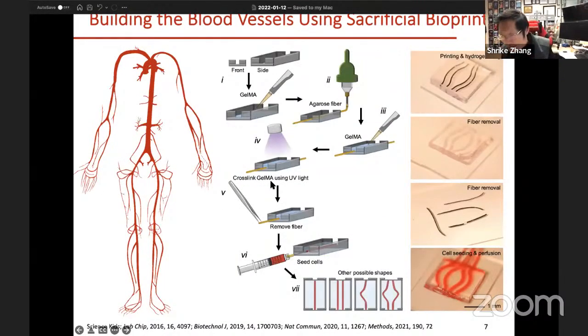So I'm going to start with this sacrificial bioprinting that people are probably aware of very nicely already. This is a very conventionally used bioprinting method to create channels within a tissue construct. What happens here is that you first deposit a fiber template with extrusion bioprinting, and then you can either bioprint or cast another hydrogel matrix surrounding that fiber.